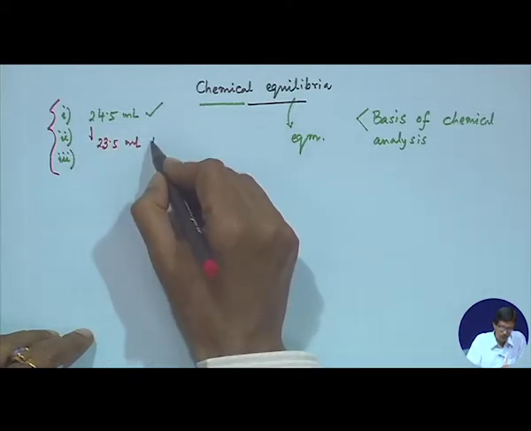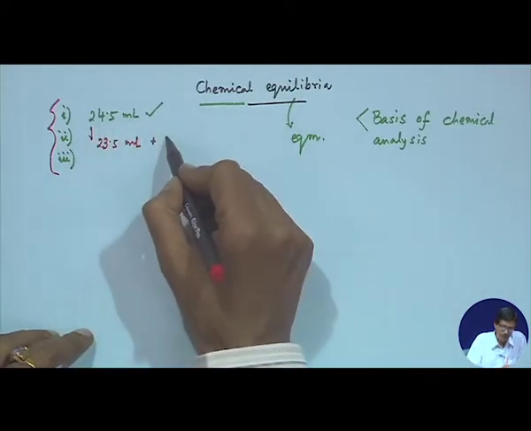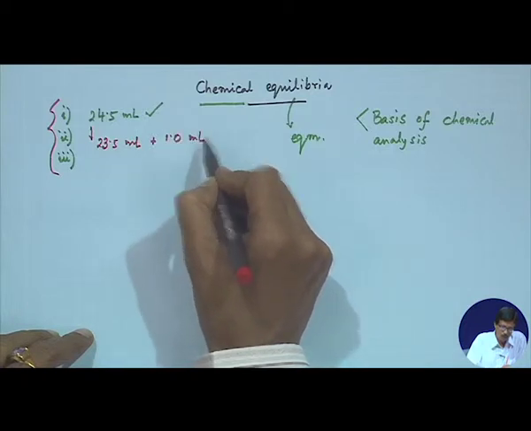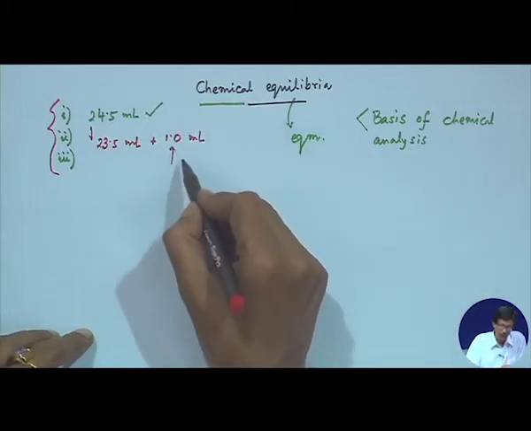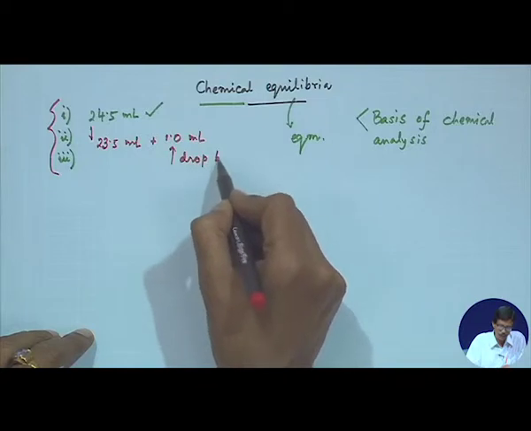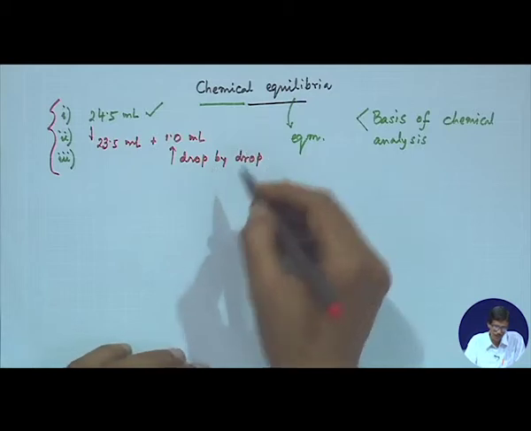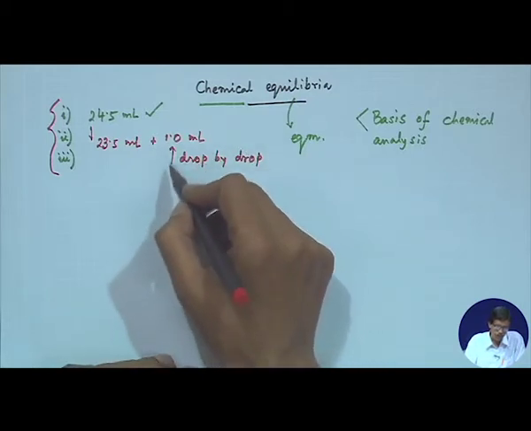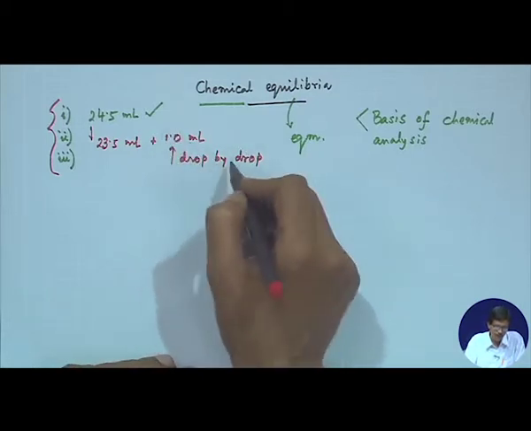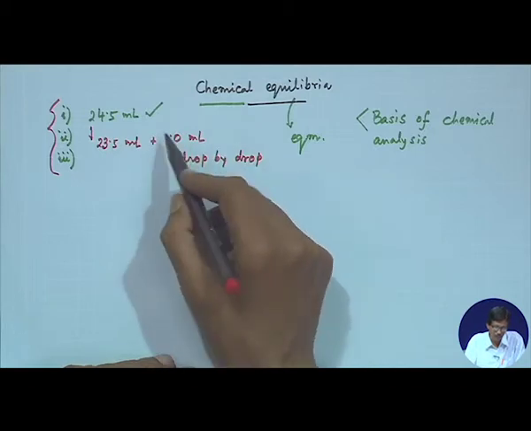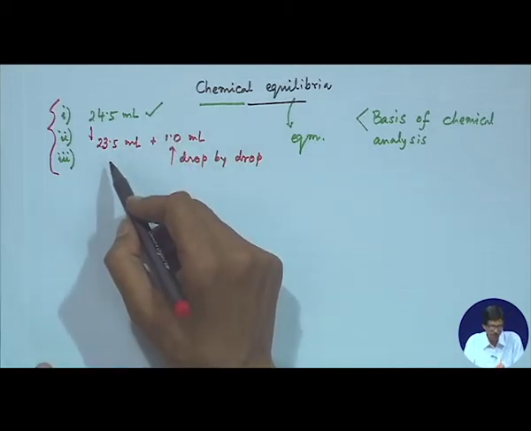So, you still require 1 ml of this volume, and this we should add drop by drop. That is written in the PowerPoint slide: drop by drop end point addition of this extra 1 ml after the addition of 23.5 milliliters.